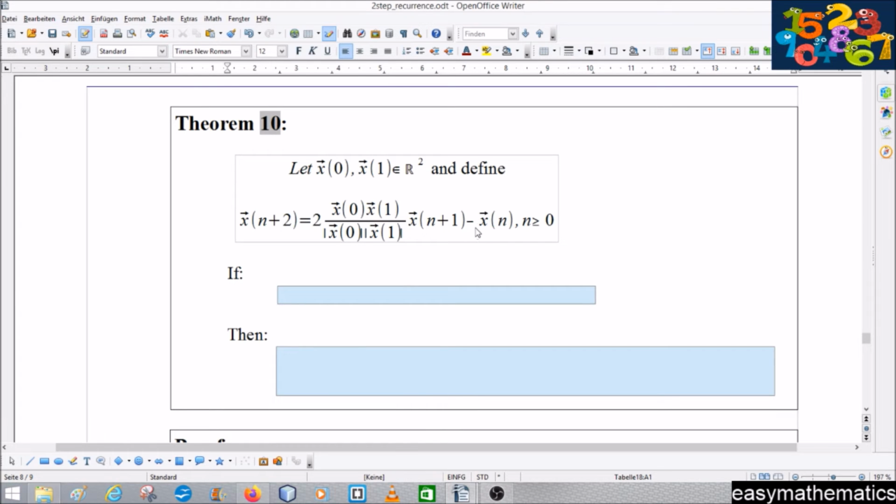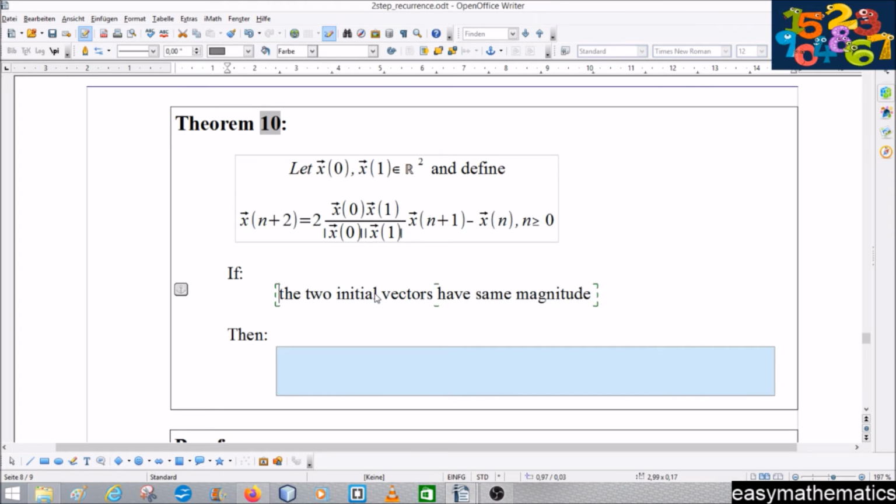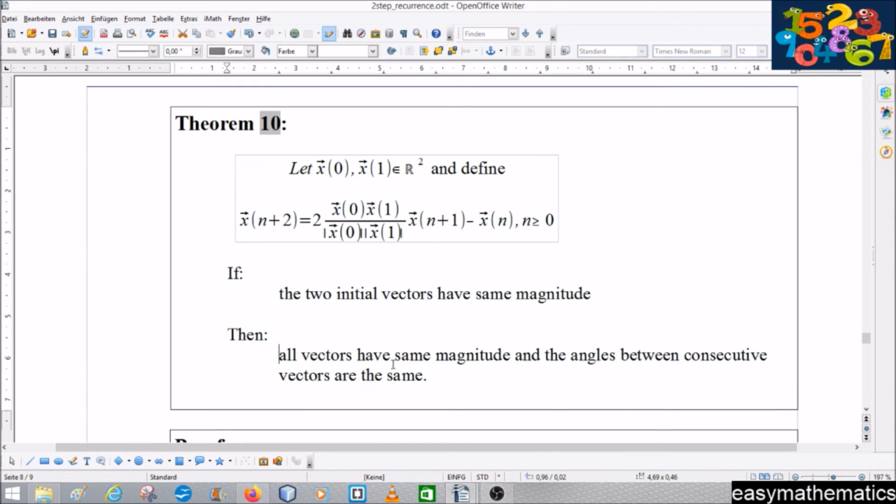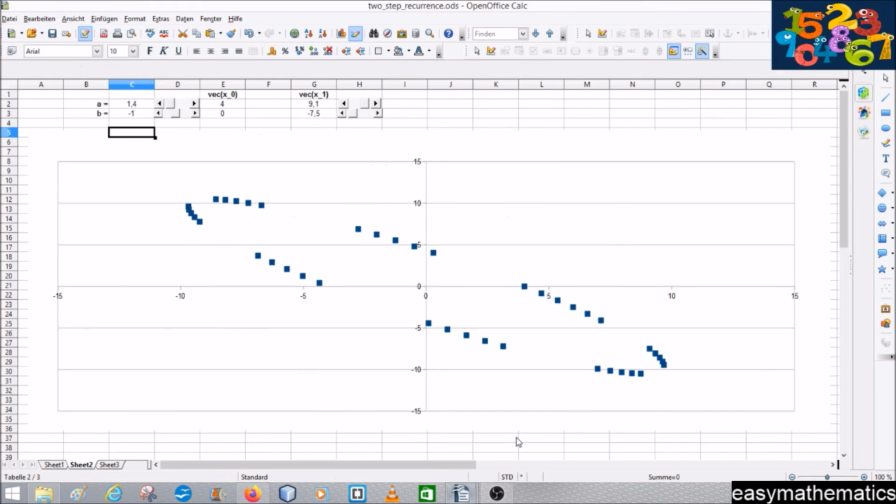If you take the recursion weights here, -1 and 2 times the cosine, but we write the cosine via the scalar product, and we concentrate on this recursion, then if the two initial values have the same magnitude, all vectors have the same magnitude and the angles between consecutive vectors are the same. So let's check this.